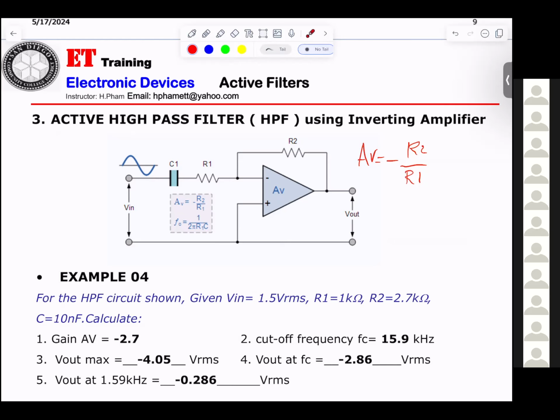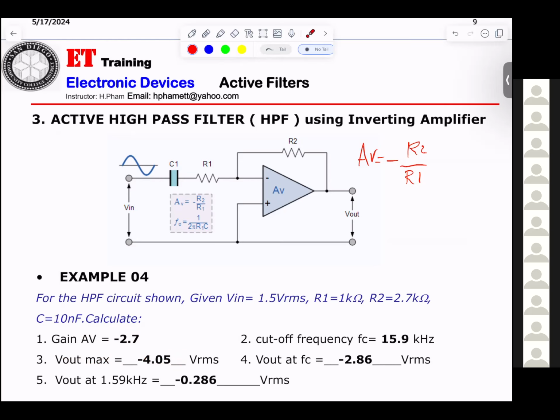And the rest, you know how to do your calculation. And that will be helping you to calculate the gain. Okay, what is the VO maximum? That means you take the input times the gain. You know what is the maximum voltage.